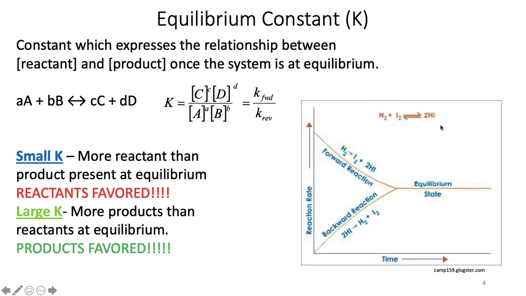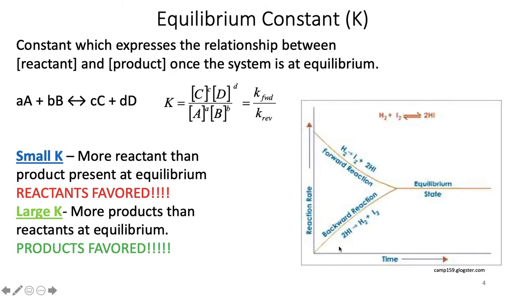Here's an example of another reaction. Once again, I have hydrogen plus iodine giving me hydrogen iodide. If I proceed in the forward direction and monitor the concentrations, even the rates, here's my reaction rate versus time, it will reach a certain value and then will not change anymore.